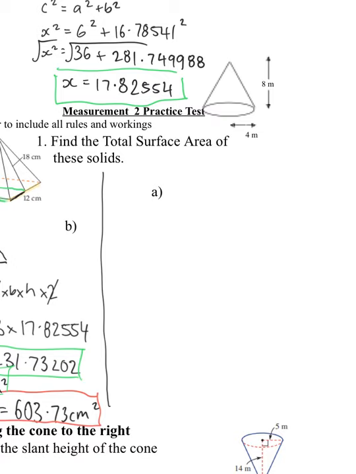Question B, the cone. We've got to find the total surface area of the cone. Okay, we've pretty much got most of the information we need. If we write out the rule for a total surface area of a cone, it is pi r squared, the area of the circle on the bottom, plus pi times our radius times the slant height.